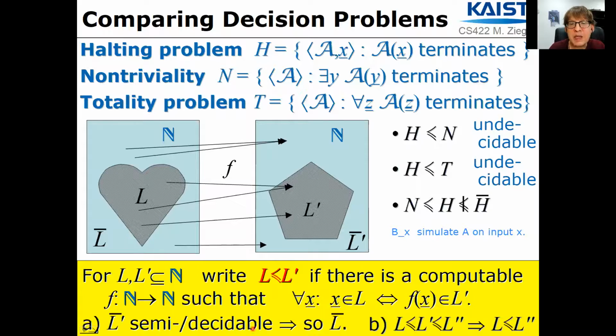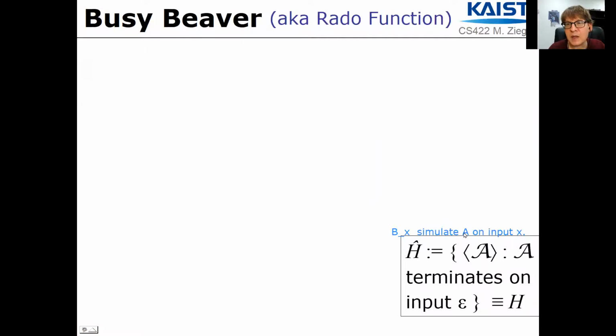By item A, that means either both are decidable, both are semi-decidable, or none of them are decidable, none of them are semi-decidable. And from that it follows that the complement of the halting problem is not semi-decidable. That was a great question in the Slack, which I really want to spend some time on. But let's first conclude this slide.